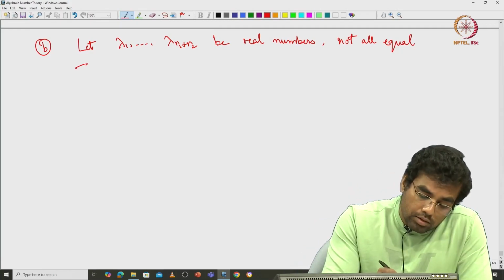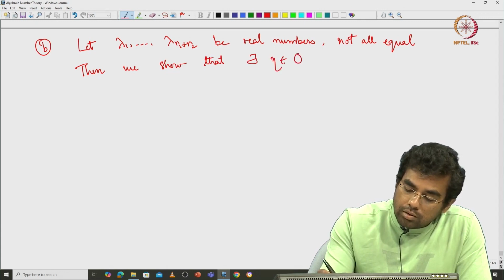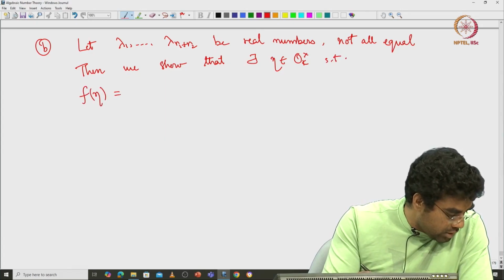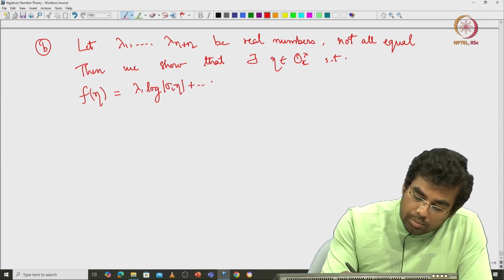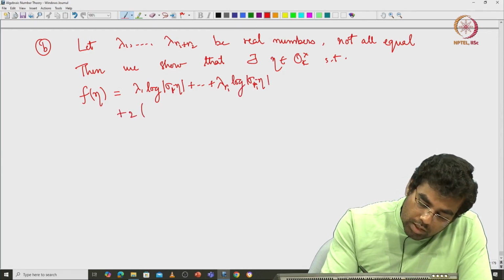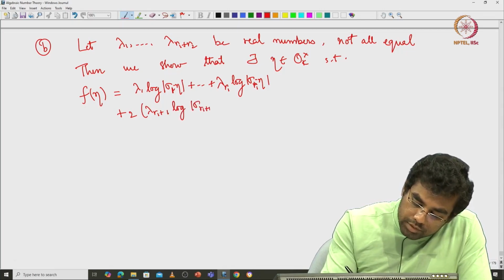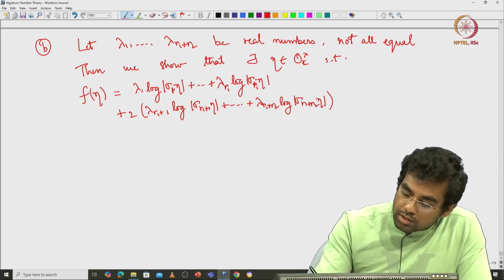Then we show that there exists eta in OK cross such that this quantity f of eta, which is lambda 1 log mod sigma 1 eta up to lambda R1 log mod sigma R1 eta, plus 2 times lambda R1 plus 1 log mod sigma R1 plus 1 eta and so on up to lambda R1 plus R2 log mod sigma R1 plus R2 eta, is not equal to 0.